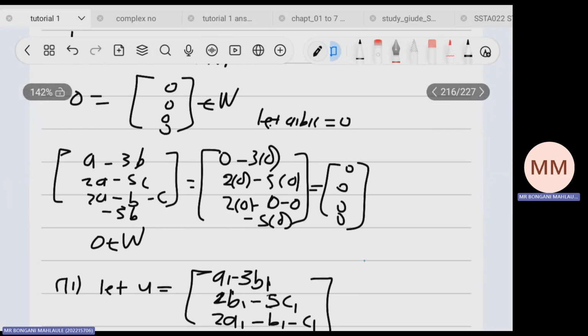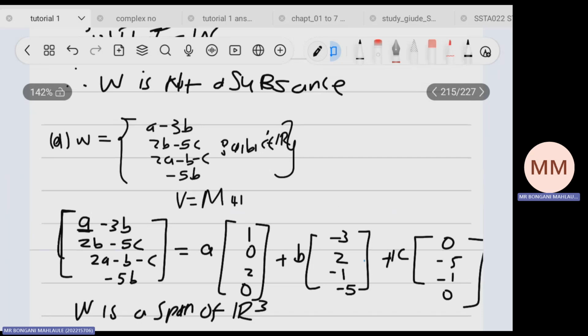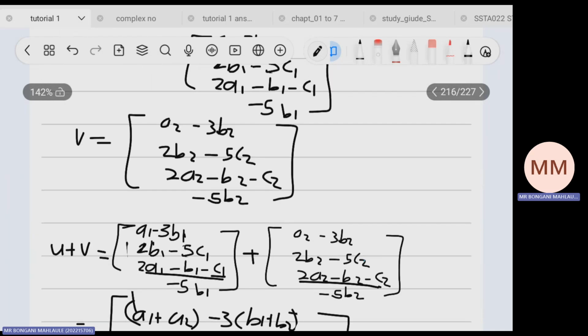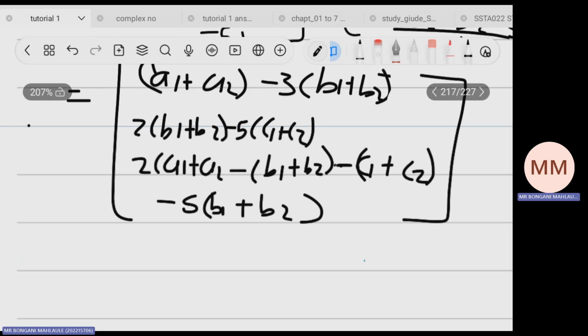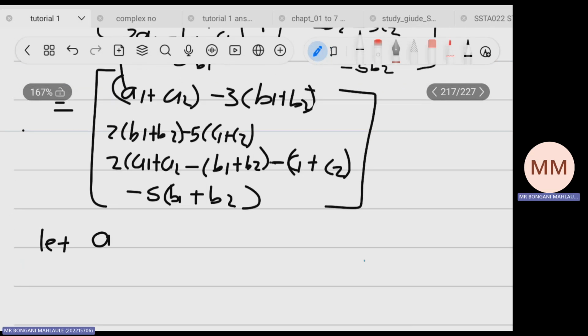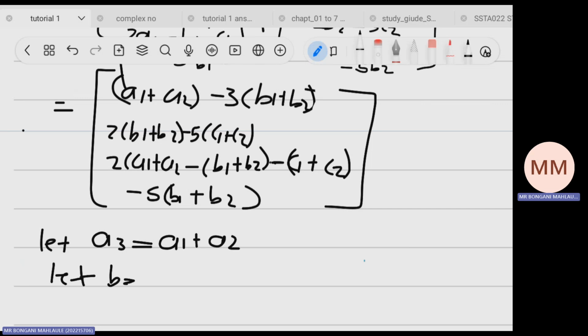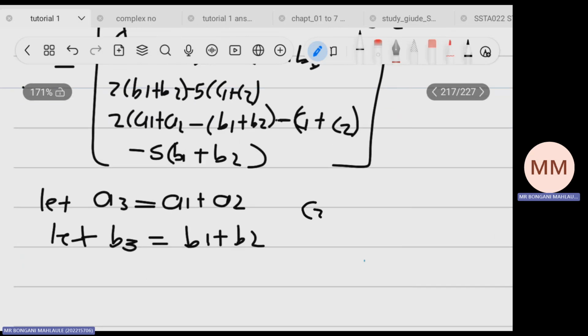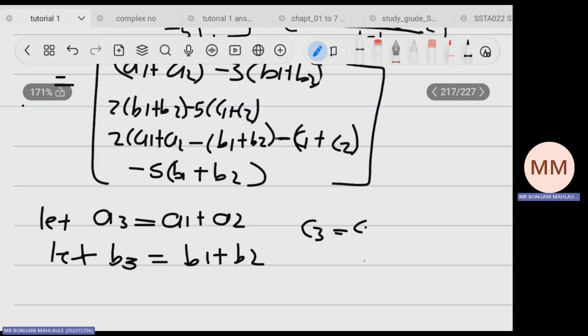So we want to check this condition if it's satisfied, if this will be an element of real numbers. So I'm going to say let A3 be equal to A1 plus A2. And then we let B3 be equal to B1 plus B2. Then C3, we let it be C1 plus C2.